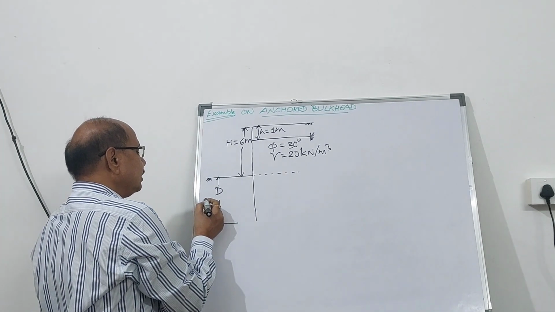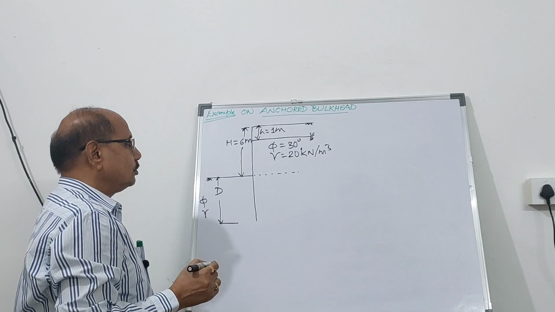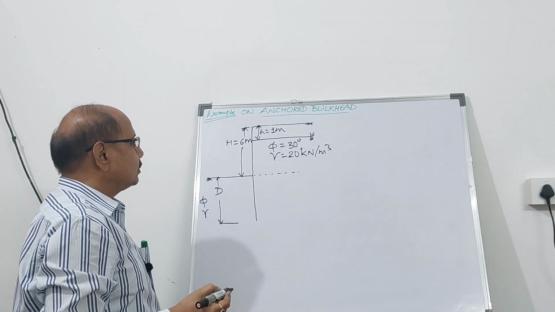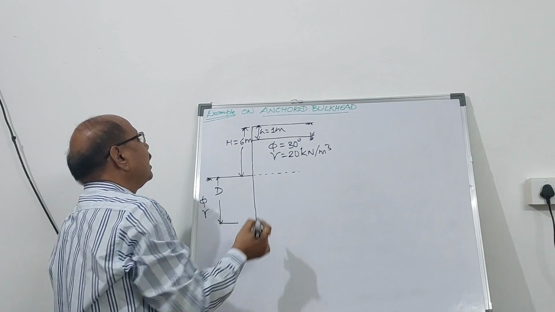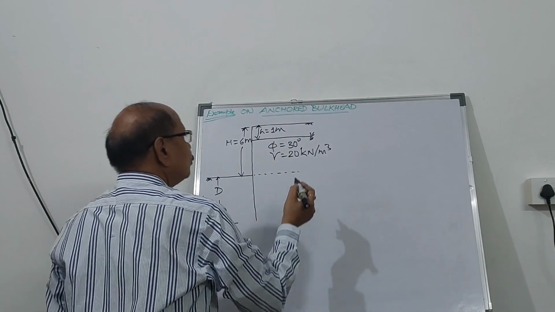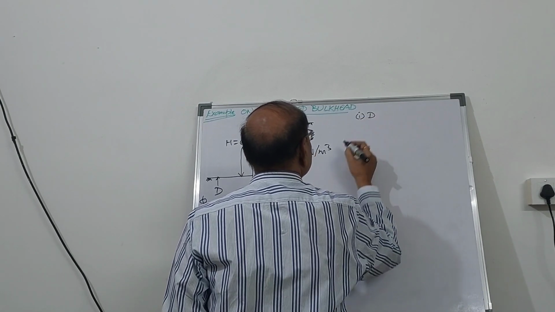So phi and gamma remains unchanged. So this is in a granular soil, and we need to find out the depth of embedment.